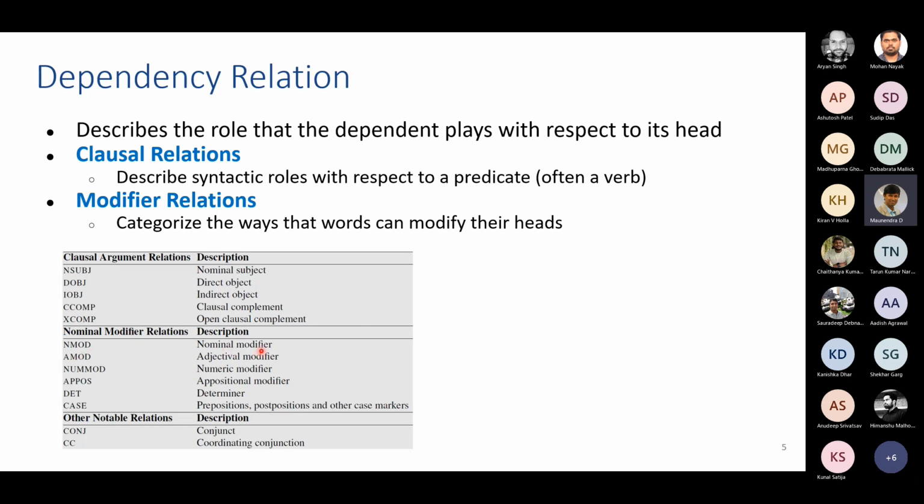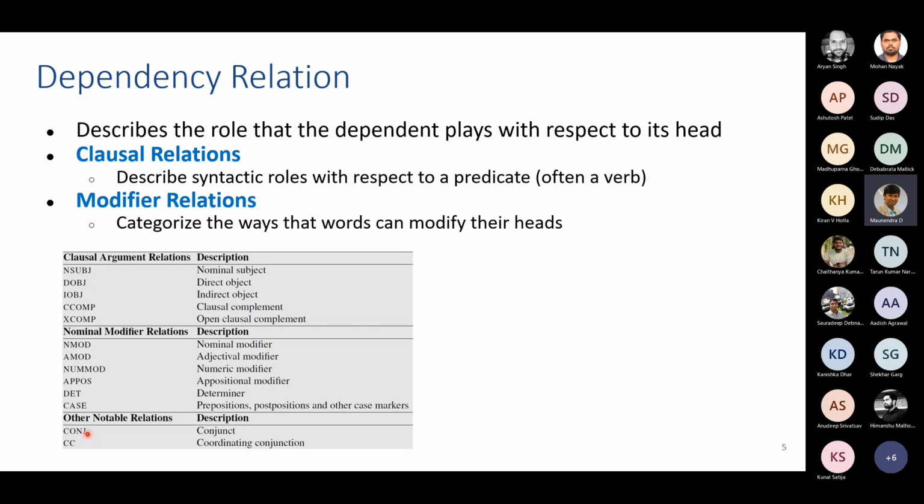So there will be a nominal modifier, an adjective modifier, numeric modifiers like 3 vehicles, and then a determiner, prepositions, and conjunctions like and, or. These could be some examples of relations.